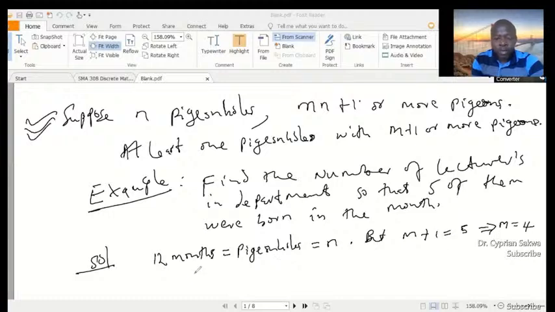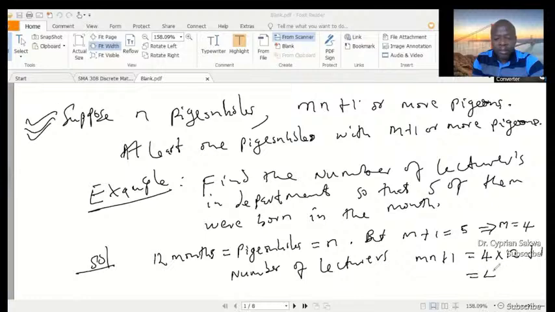To get the number of pigeons, that is the number of lecturers, it is given by mn plus 1, where m is 4 and n is 12. Then add 1 and we get 49 lecturers. So this department should have 49 lecturers so that 5 of them are born in the same month.